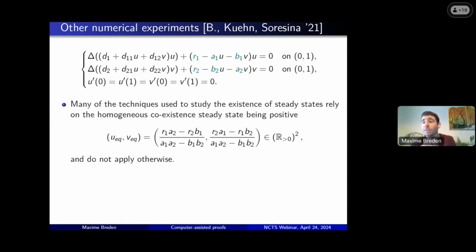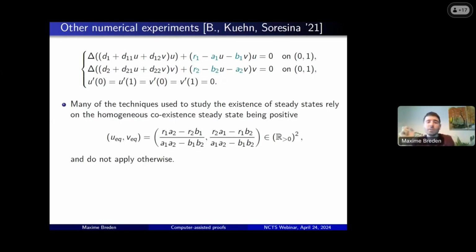Sometimes this is negative and then it's not admissible. Yet most of the theoretical results that I know use this equilibrium as a starting point, maybe for bifurcation analysis or something. And so they only apply when this is admissible. If this is not admissible, then all these results don't apply.